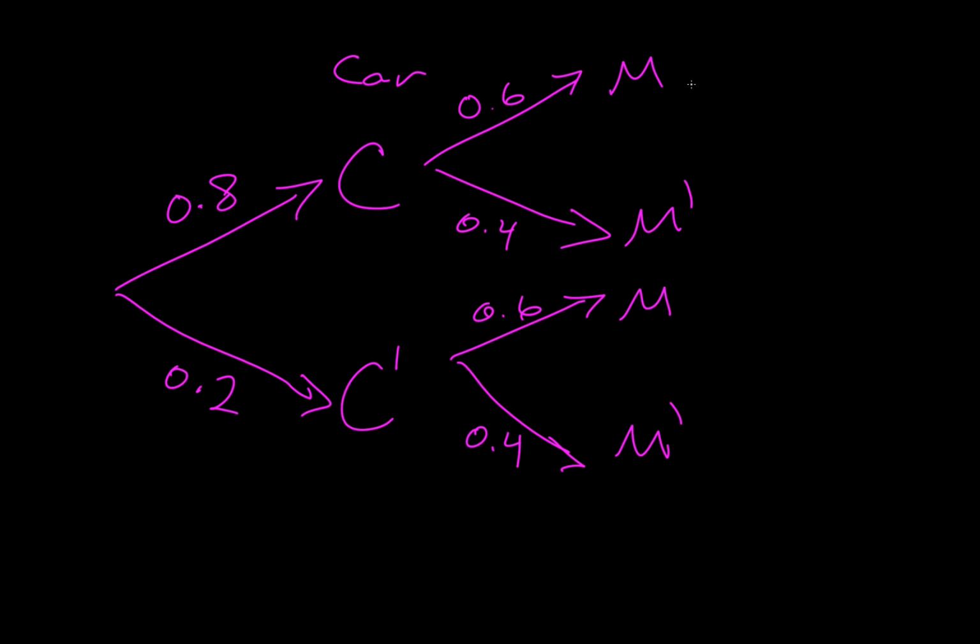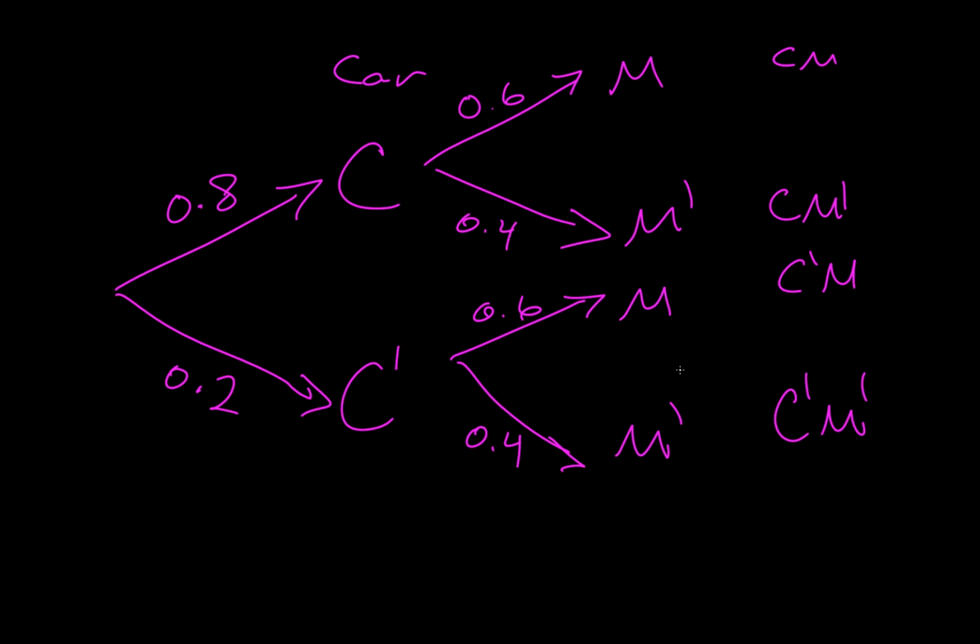The outcome here would be CM. The outcome here would be C, not M. Here, not C, but M. And then not C, not M. It says use the tree diagram to determine the chance that on the next attempt both will start.